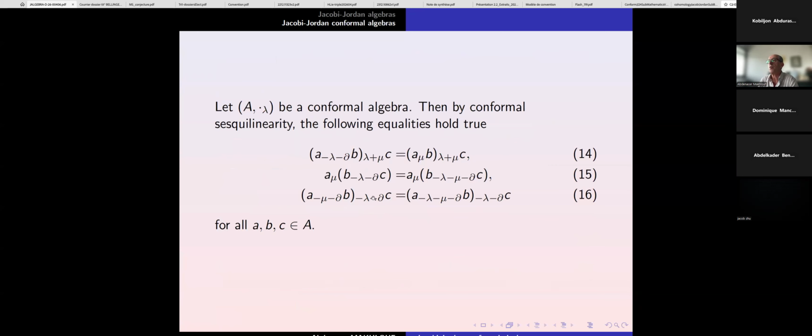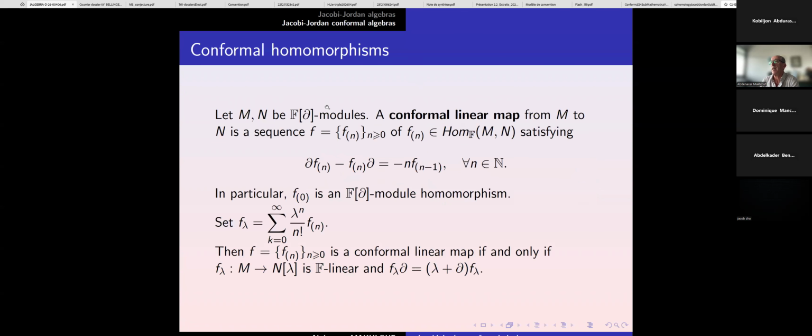Okay, now we can also deduce some equalities, which follow from the sesquilinearity identities before. We have these conditions which are satisfied. And now we have to define what are called conformal homomorphisms. Let us consider two F[partial D] modules, M and N, and a conformal linear map from M to N. This is a sequence of F_n, where each F_n is a homomorphism from M to N with coefficients in F, satisfying this condition.